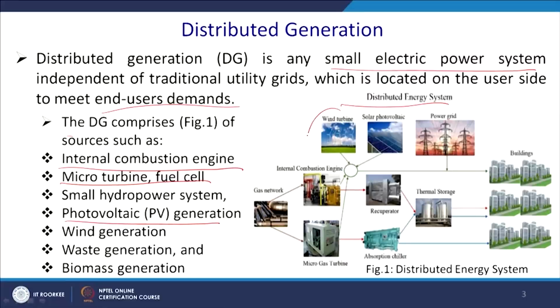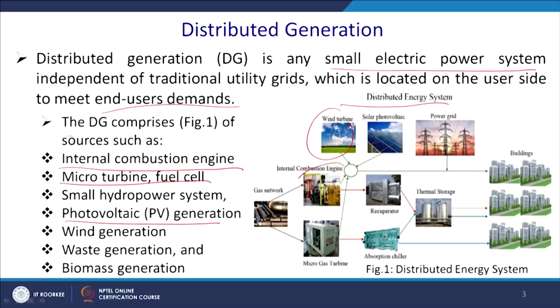You have wind, you have solar, and maybe you are connected to the grid historically, and the grid may have a failure and you require to meet the contingency, like hospitals.